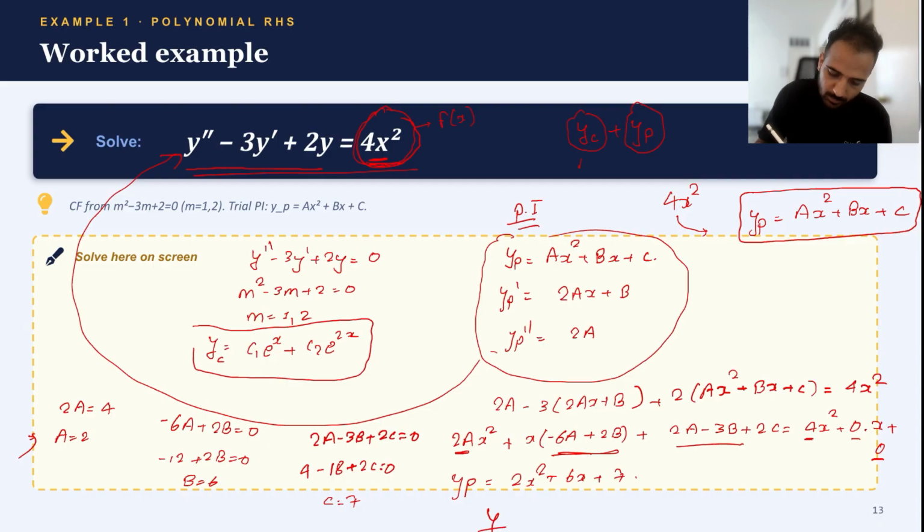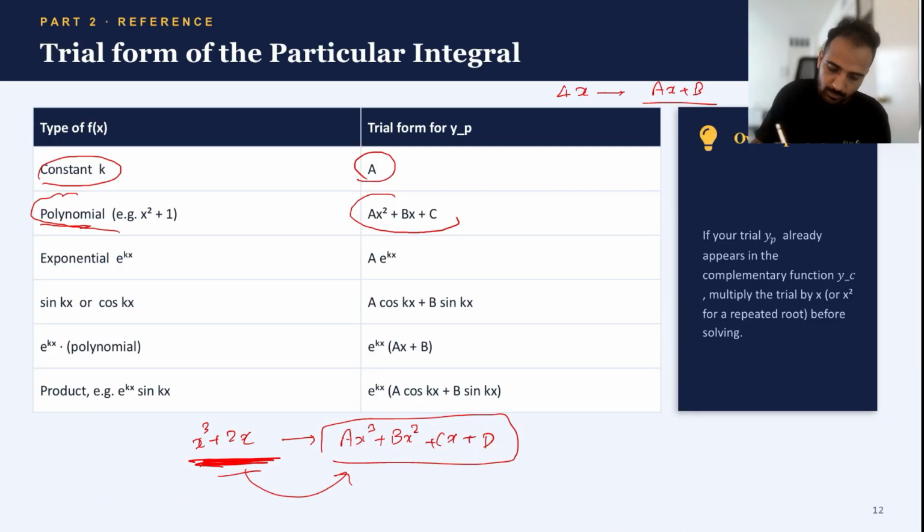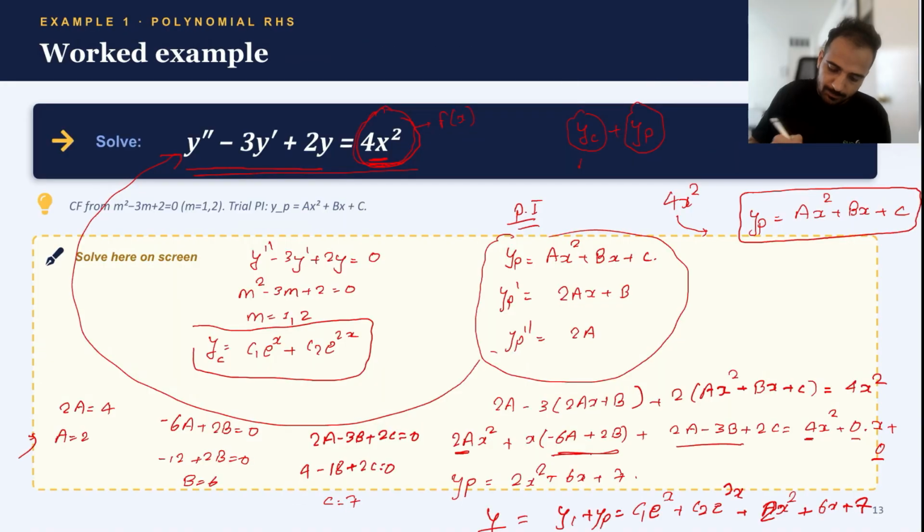So your final solution is yc plus yp. Your yc is c1 exponential x plus c2 exponential 2x, plus 2x square plus 6x plus 7. This is your final solution.